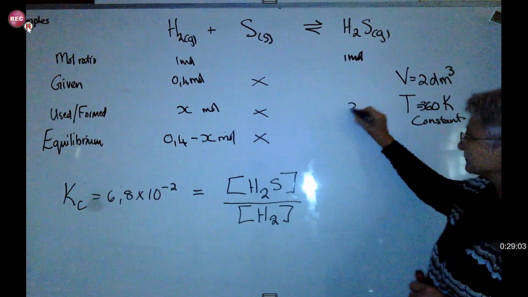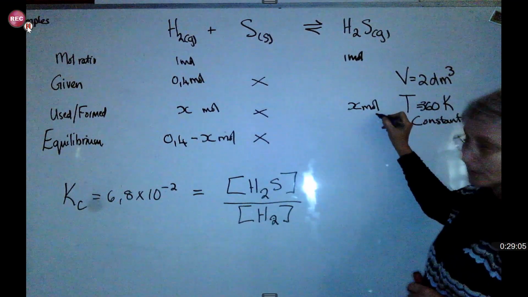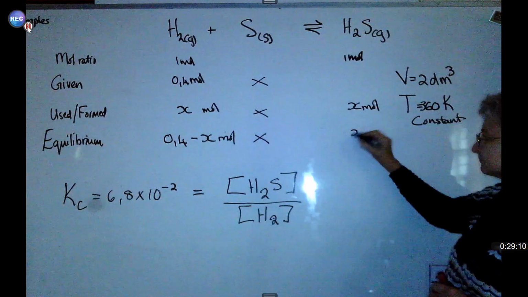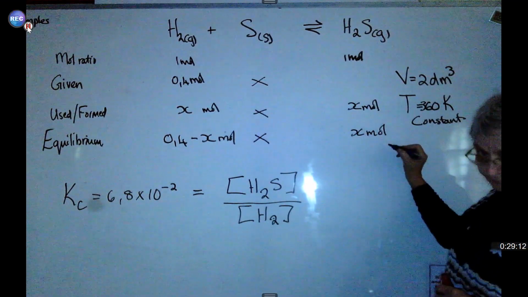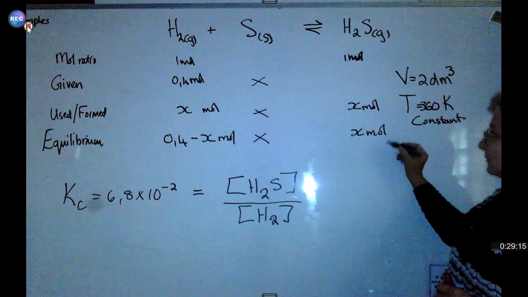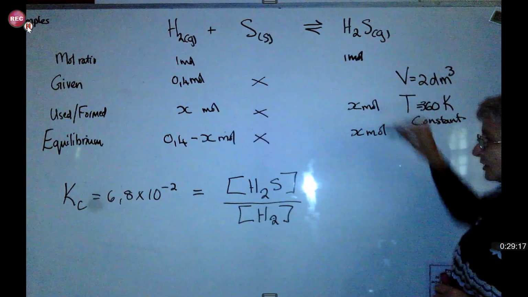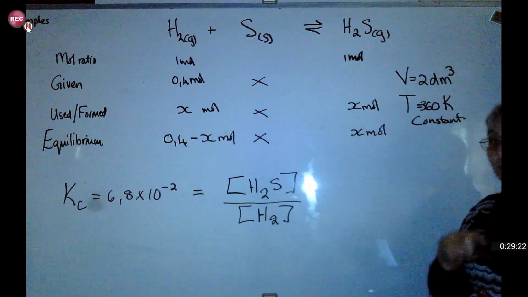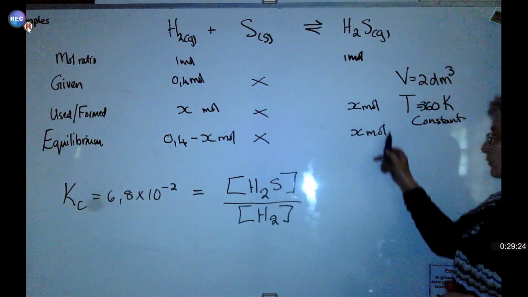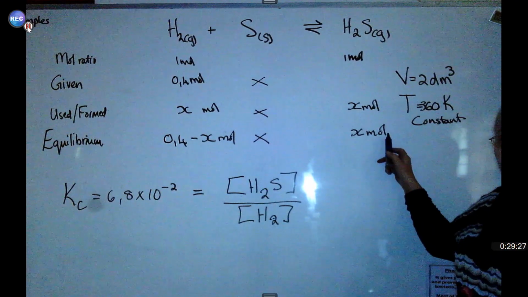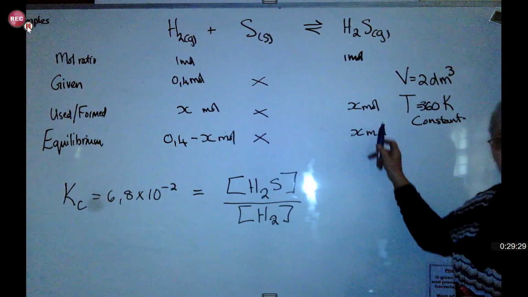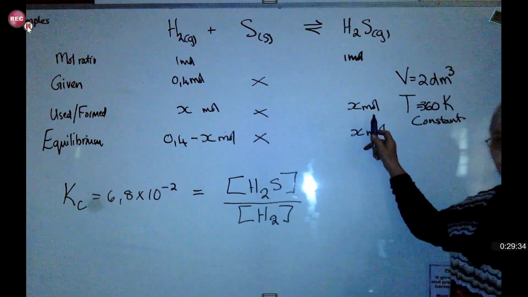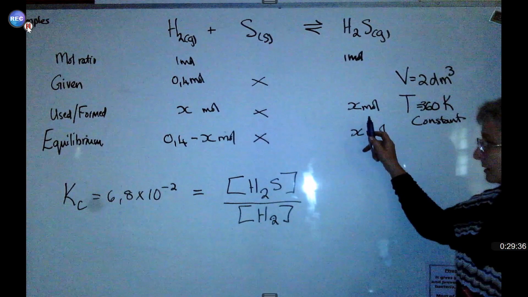X. Because what is formed is also going to be what is at equilibrium. If they give you an amount at equilibrium, it means that amount was formed during the reversible reaction.